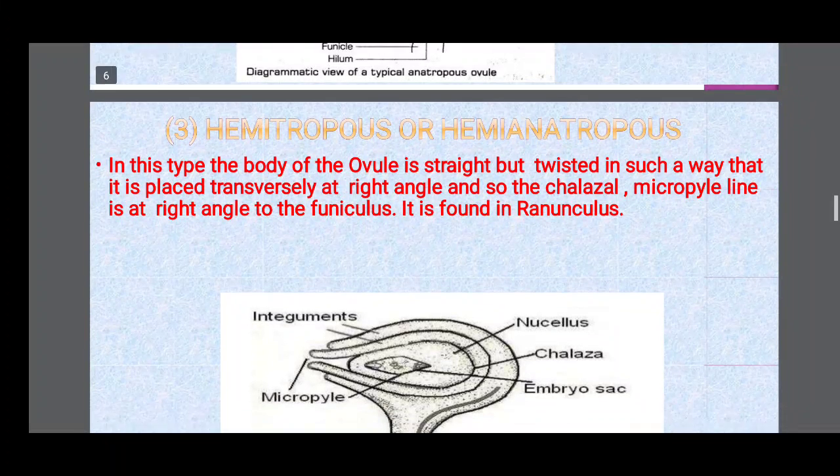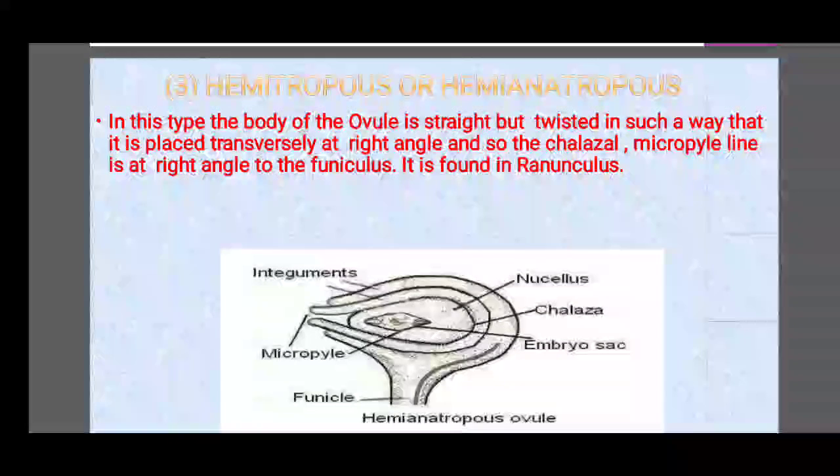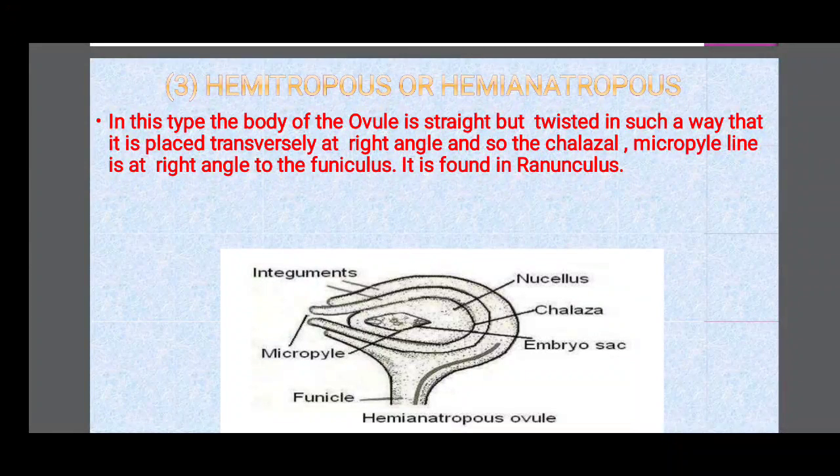In this type, what happened? You see this. The body of the ovule is straight but twisted in such a way that it is placed transversely at a right angle, that is 90 degrees, so the chalazal-micropyle line is at a right angle to the funicle. It is found in Ranunculus. Very simple: the ovule body is at a right angle, 90 degrees, on the funicle.